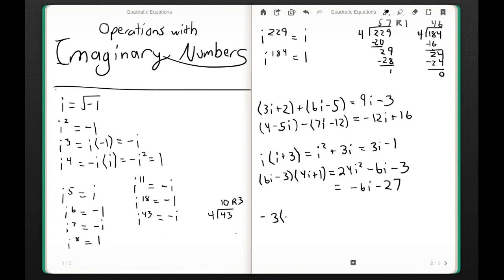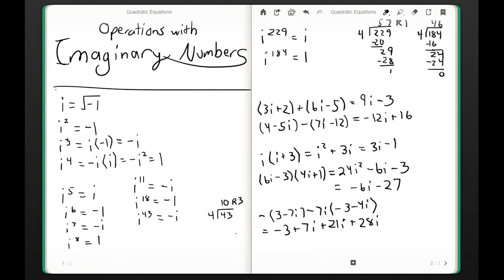Okay, and one more multiplication problem. Little more complex here, so we're going to have to do a few steps worth of simplifying. Okay, first, let's just distribute everything outside the parentheses. So this will be negative 3 plus 7i plus 21i plus 28i.